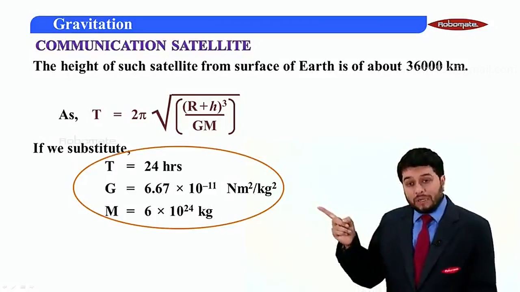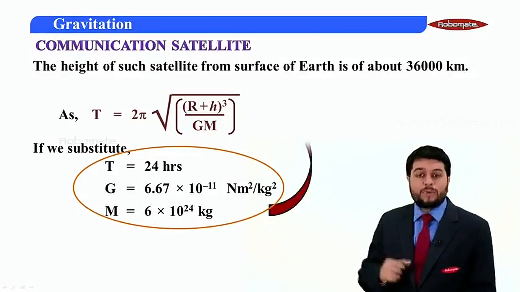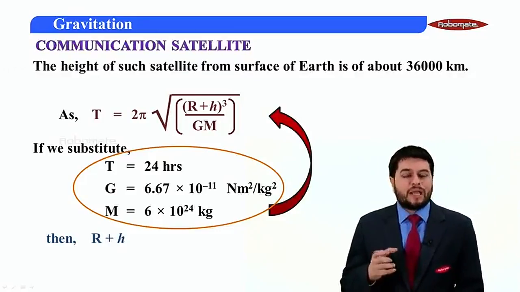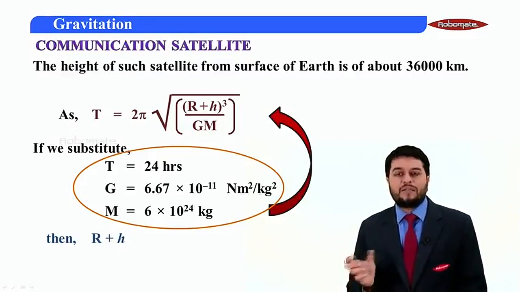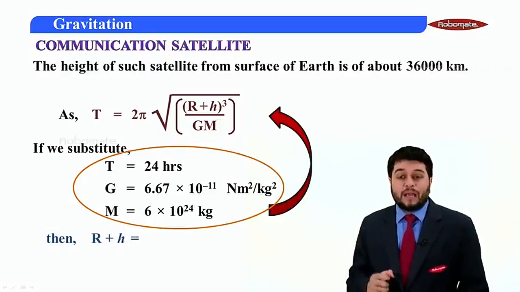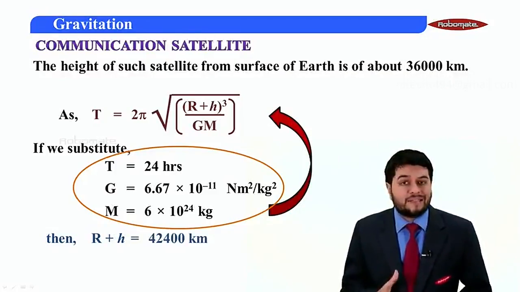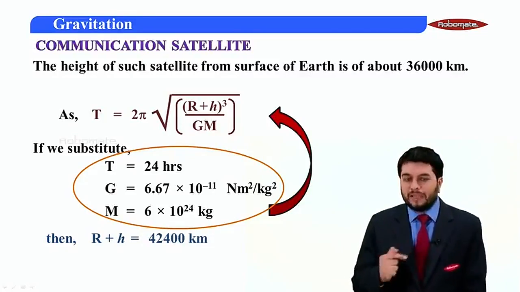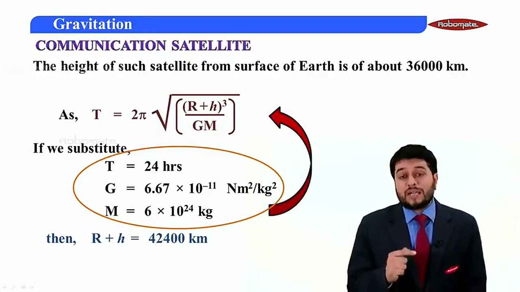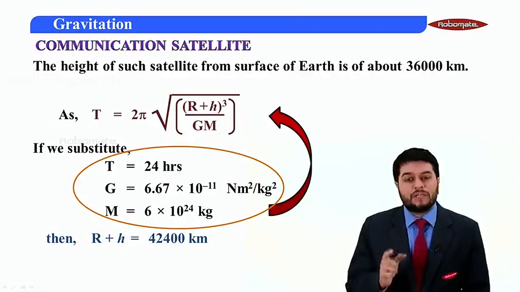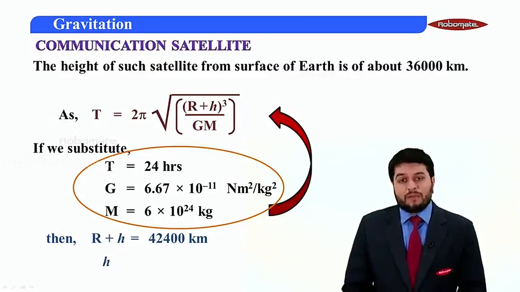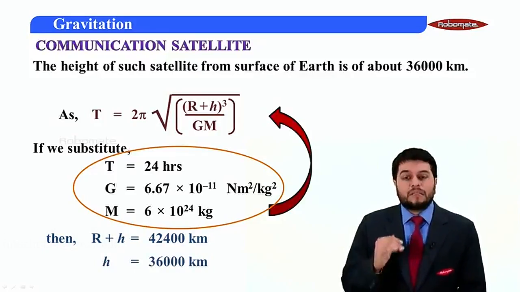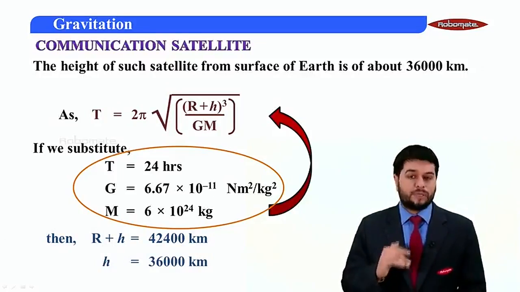If I substitute all this in the above expression, rearrange and keep r+h on one side, squaring and simplifying, I finally get r+h as 42,400 kilometers. So from the center of the Earth, the communication satellite is always in an orbit of radius 42,400 km, and from the surface of the Earth, the height is nothing but 36,000 kilometers.